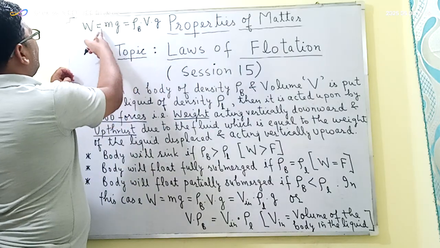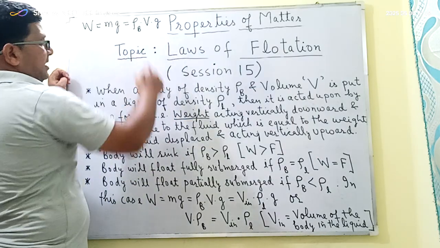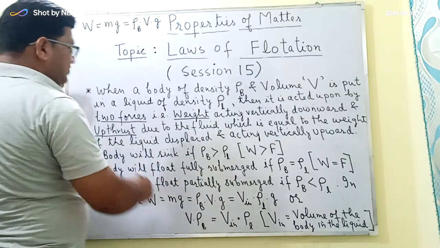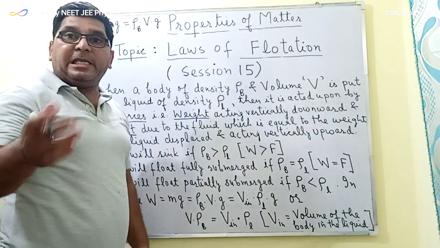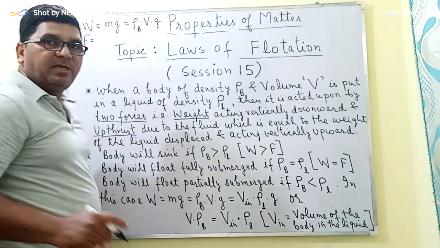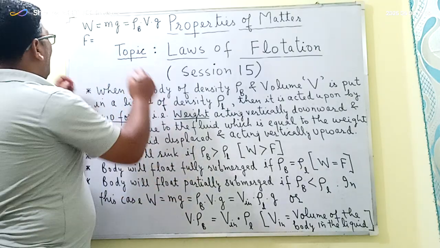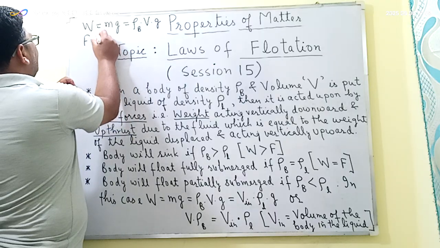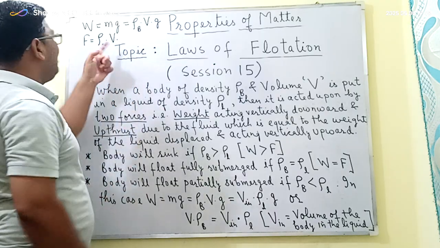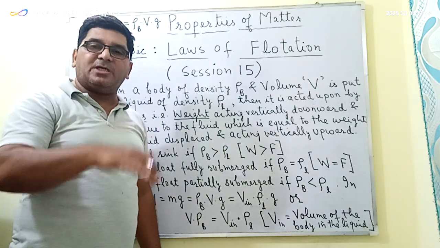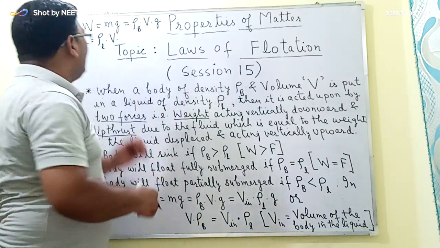Now the weight is equal to mg, which is equal to rho b dot v dot g in this case, and here the upthrust will be equal to the weight of the liquid displaced. So weight is equal to m into g, that is mass of the liquid, into g. The mass of the liquid will be equal to the density of the liquid multiplied by the volume. Now here the volume will be the volume of the body which is immersed in the liquid.